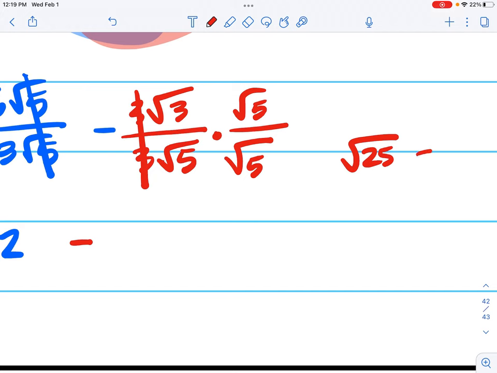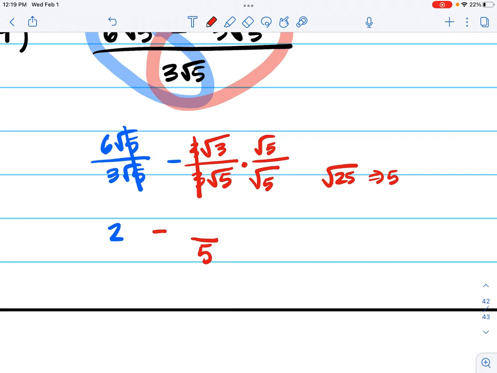What's the square root of 25? That's equal to 5. That goes along with, once again, pairing radicals of the same value. And we have a value of 5 in your denominator. In your numerator, we just take 3 times 5, which is equal to 15. That stays in the numerator as a radical. And our final answer will become 2 minus root 15 over 5.